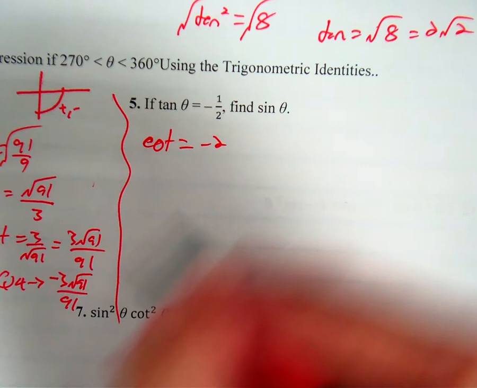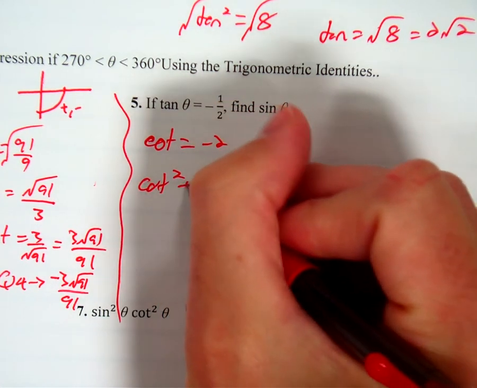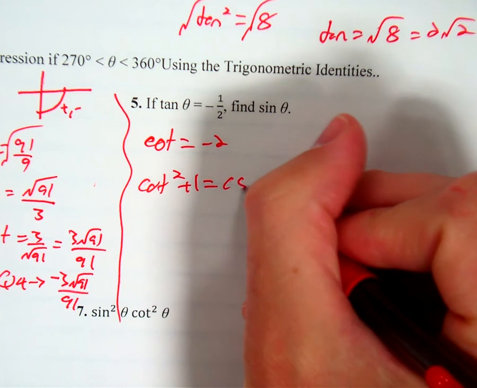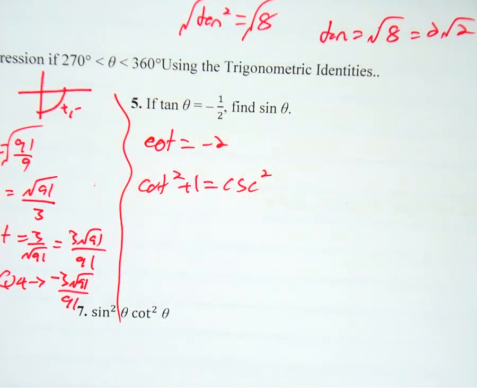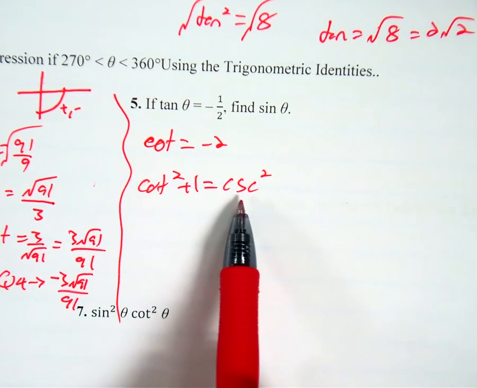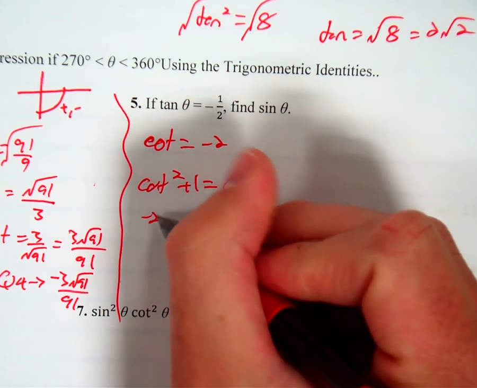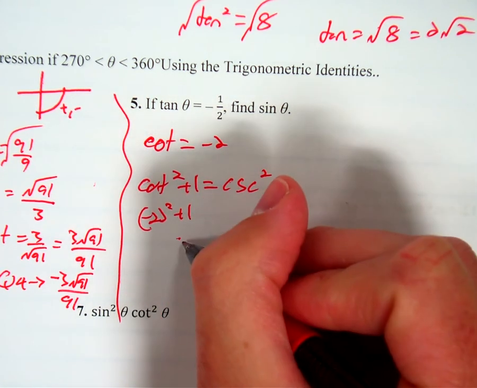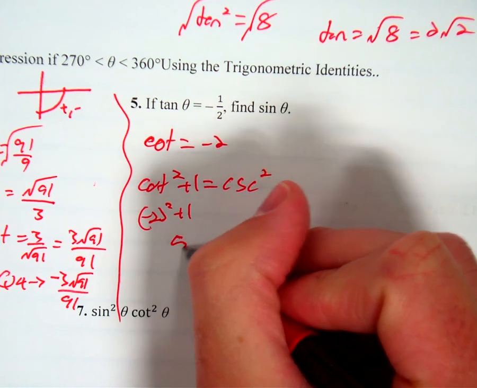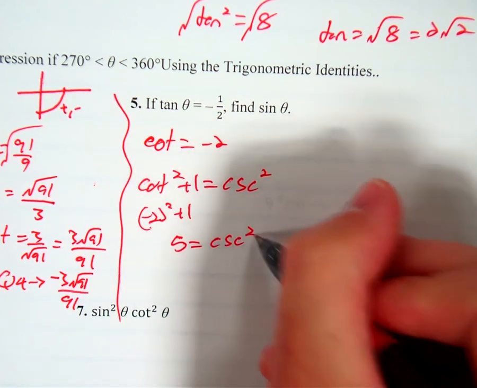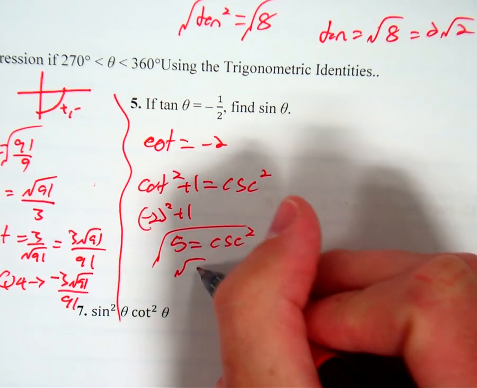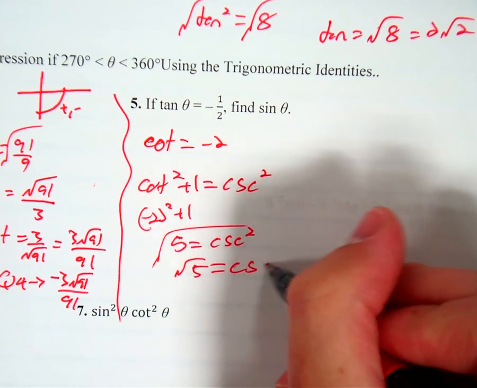Okay. Cotangent squared plus 1 equals cosecant squared. Cosecant is partners with sine, so that's helpful here. We're on the right path. Negative 2 squared is positive 4, plus 1 is 5. Square roots. Radical 5 equals cosecant.